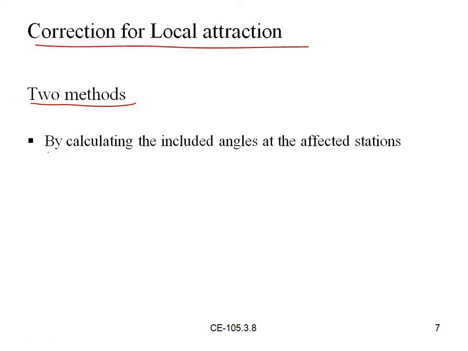One is by calculating the included angles at the affected stations. So here, by calculating the included angles at the affected stations, that means wherever the affected station points are there. As we know, if the difference is more than 180 degrees, it is affected. If the fore bearing and back bearing difference is equal to 180 degrees, there will be no effect. Okay.